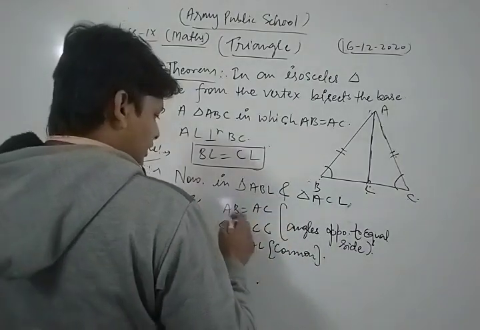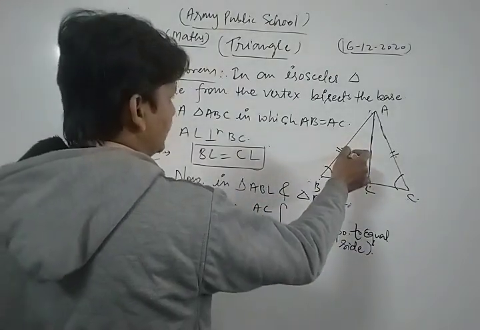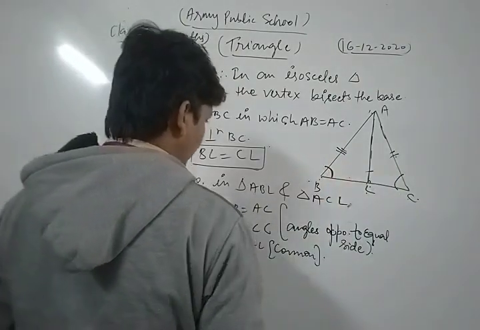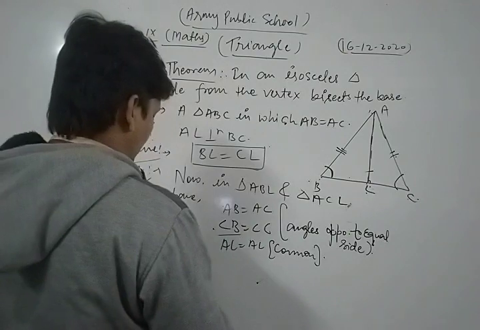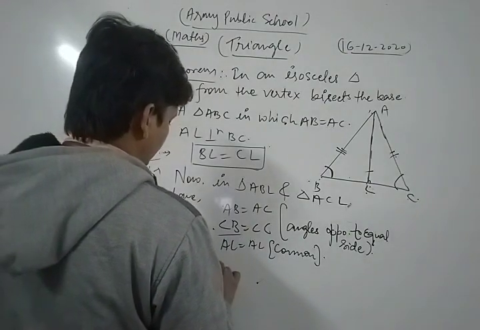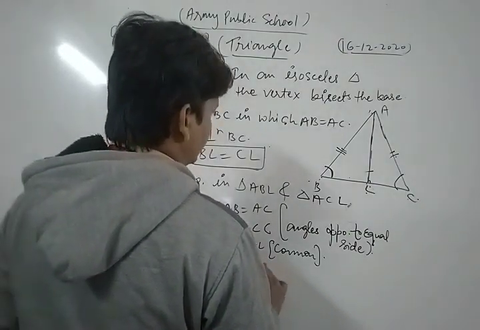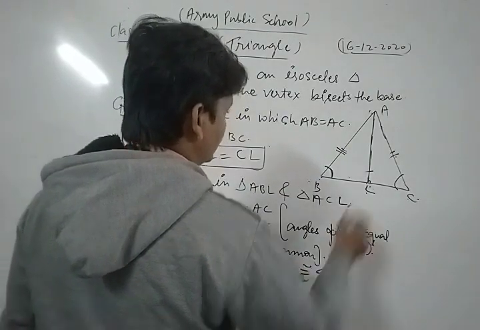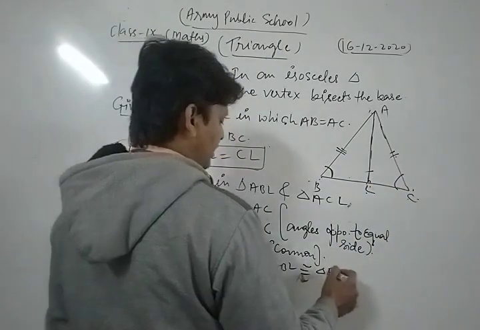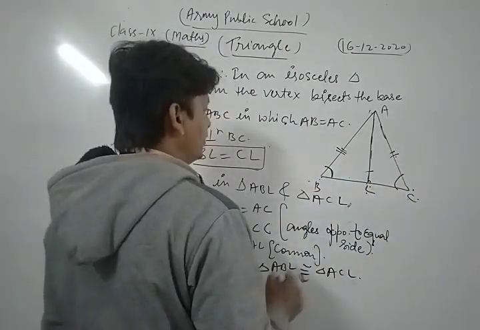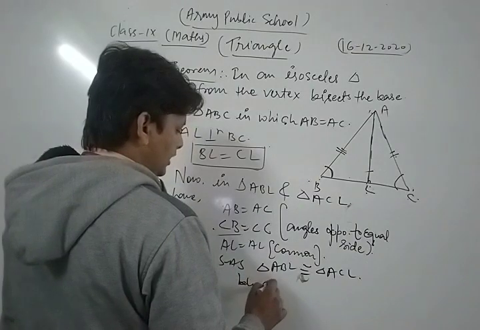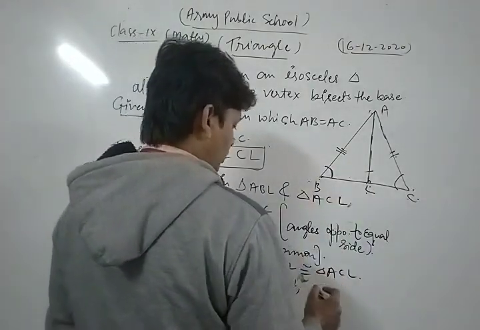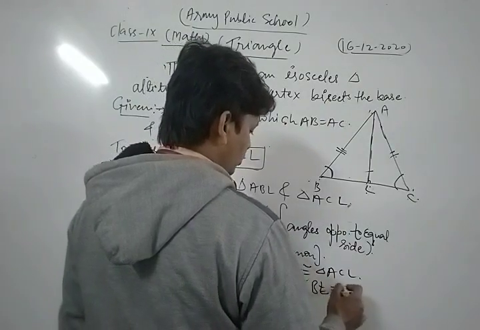So by side angle side, by SAS, triangle ABL is congruent to triangle ACL. Thus by CPCT, we have BL is equal to CL.